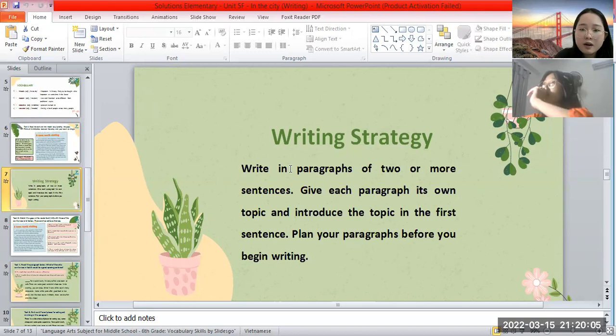Each paragraph will have its own topic, and for each topic you introduce some sentences that support the topic. You should plan your paragraphs before beginning writing. That is like the outline. Make an outline before starting writing. So it's just a strategy.